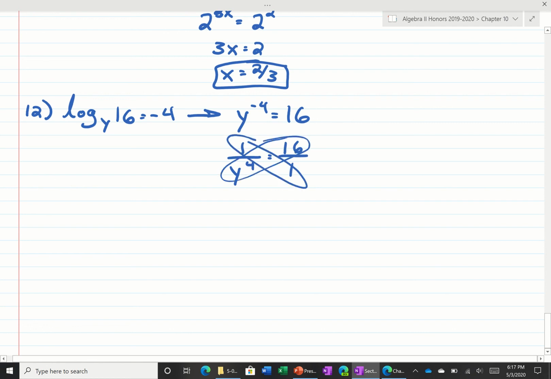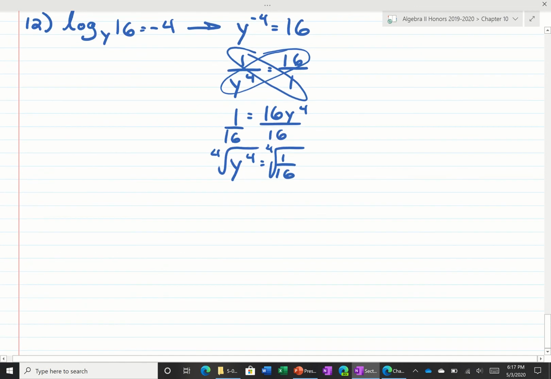It's a proportion. So we get 1 times 1 is equal to 16 times y to the 4th. You divide both sides by 16. Get y to the 4th equals 1 over 16, and the 4th root would give us y is equal to 1/2.